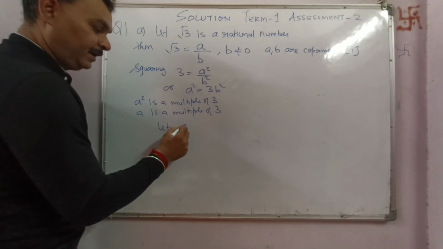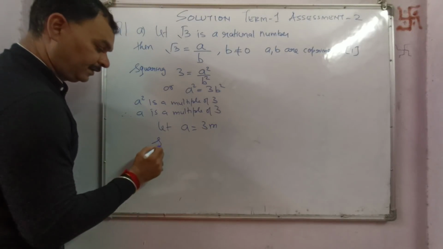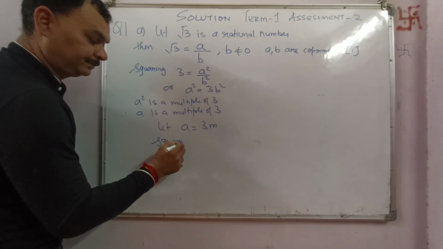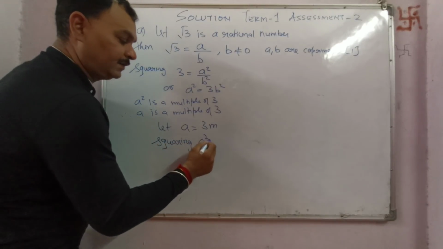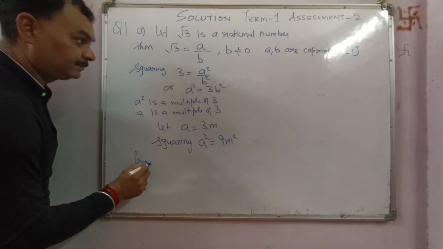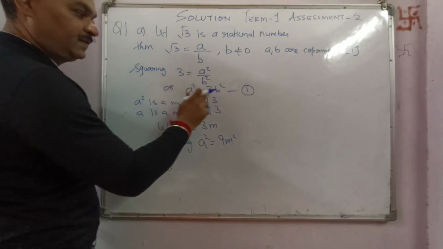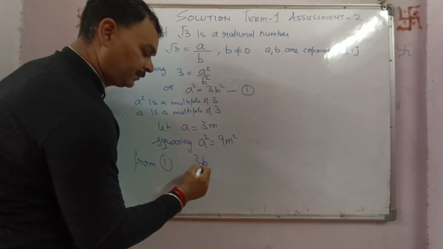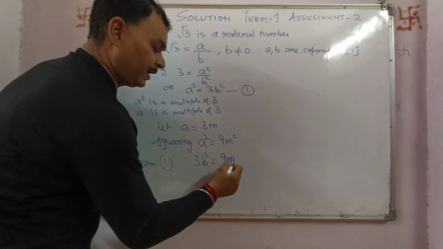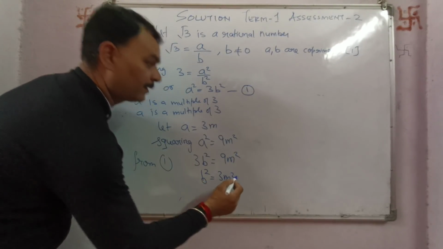Let a is equal to 3 times m. Squaring, a square is equal to 9m square. From first, this is the first equation. From first, replacing a square by 3 times b square, the 3 times b square is equal to 9m square, or we say b square is equal to 3m square.